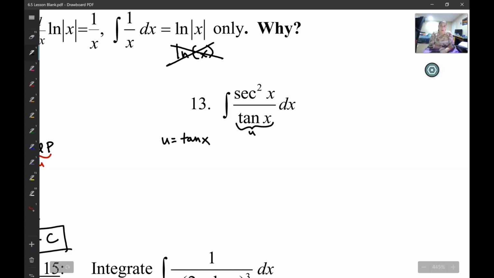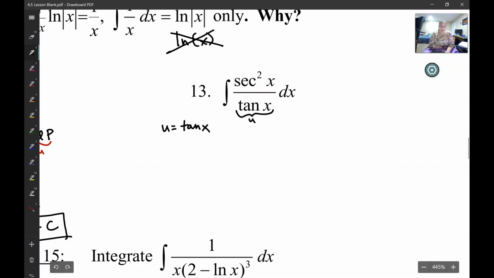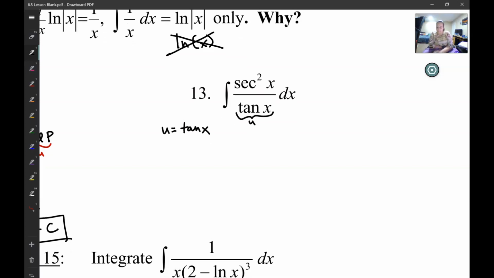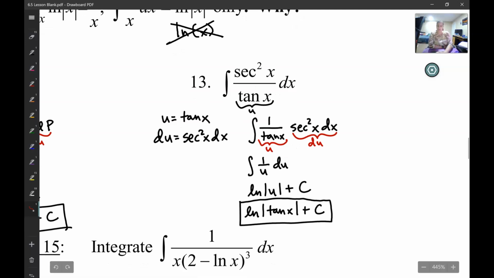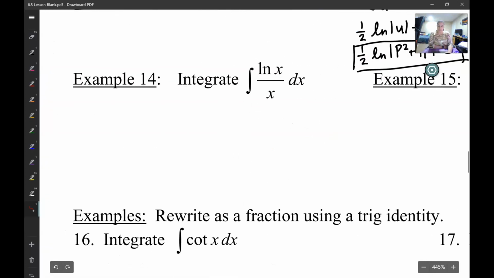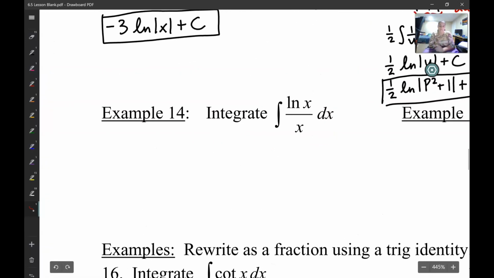Pause the video, try it out, and then come back and check your answer. Let's check what you got with what I got. This is what I ended up with. If that's not what you got, I would pause the video right now so you can look over my work and figure out where you went wrong. With that, let's move on to example number 14.